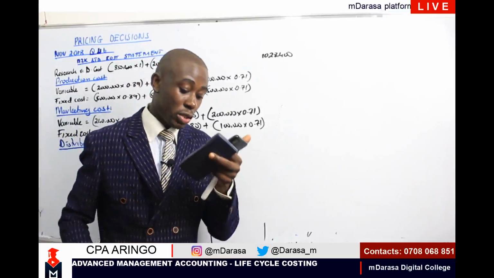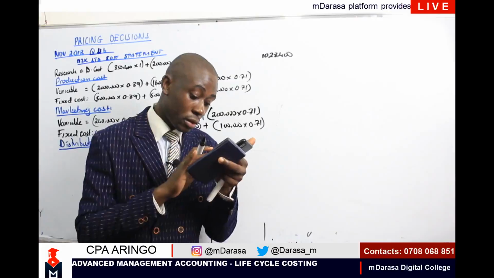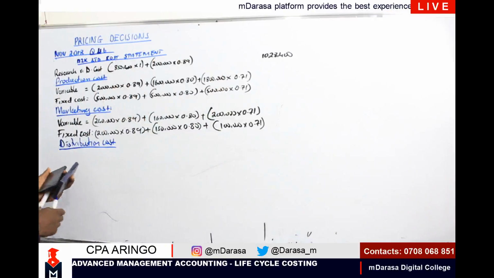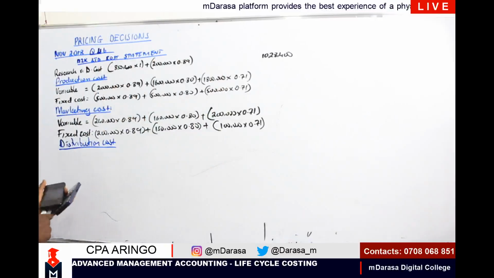For distribution cost, I was given a figure of 120,000 all through, because under distribution we only had fixed cost.